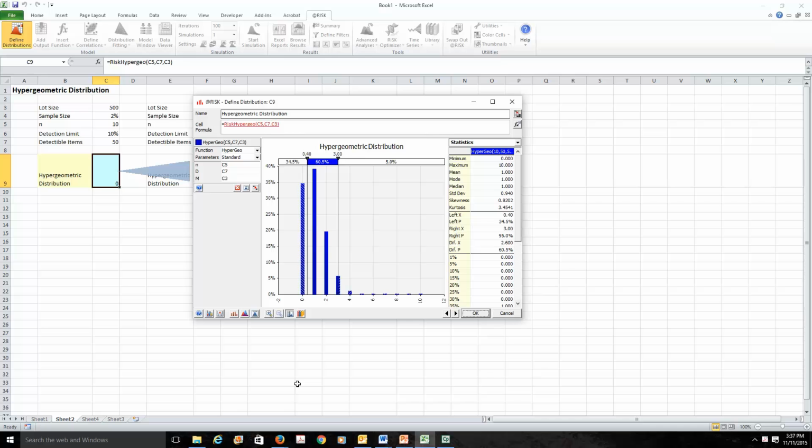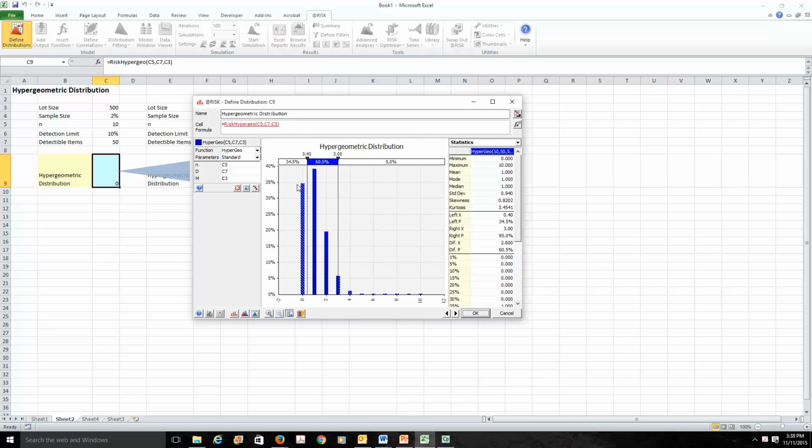Because no spoiled items is telling us what the likelihood is that we have no spoilage, or at least spoilage that is below our detection limit of 10%. So you'll notice here that 34.5% is the probability of obtaining no spoiled items in a sample of size 10, where 10% of all the items are indeed spoiled.